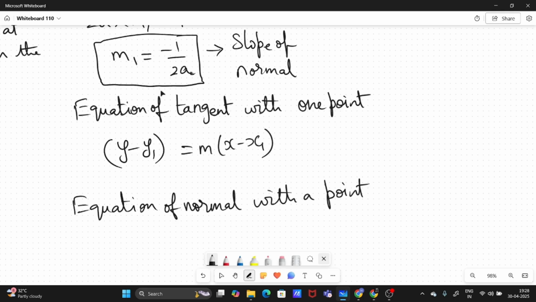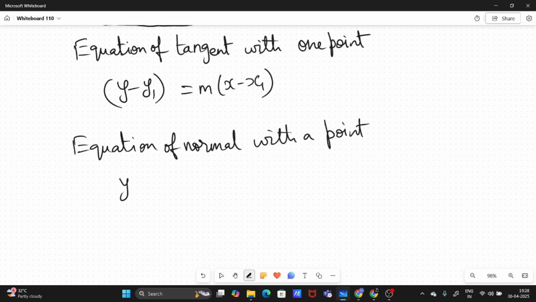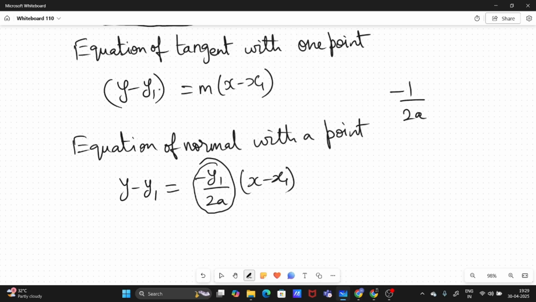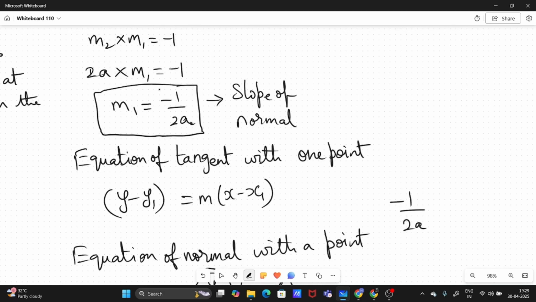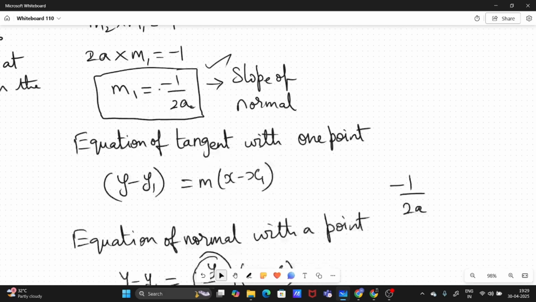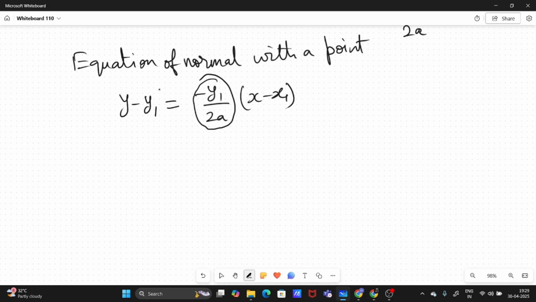For the equation of normal, y minus y1 equals the slope, which I am going to write as negative 1 by 2a, times (x minus x1). We have already derived the slope of the normal, and I'm just going to substitute it here: y minus y1 equals -1 by 2a (x minus x1).